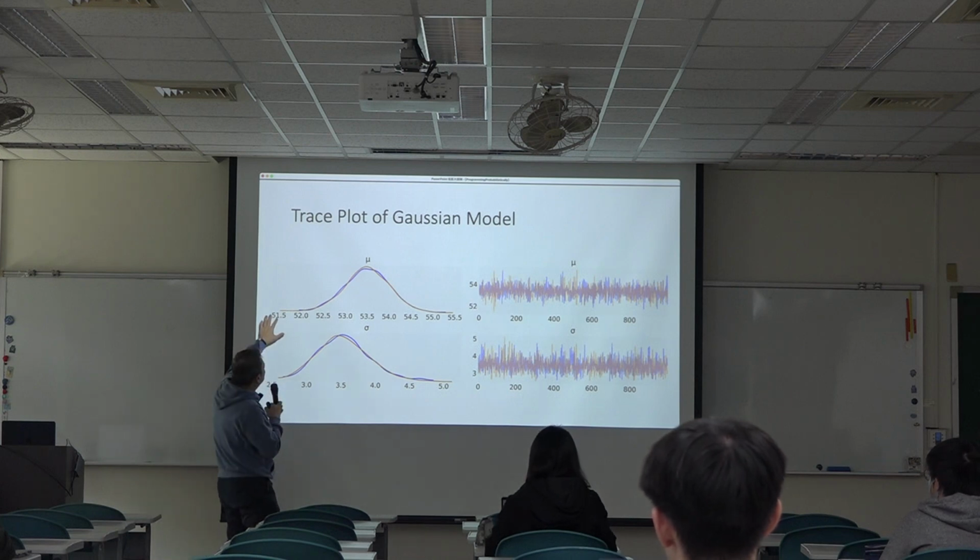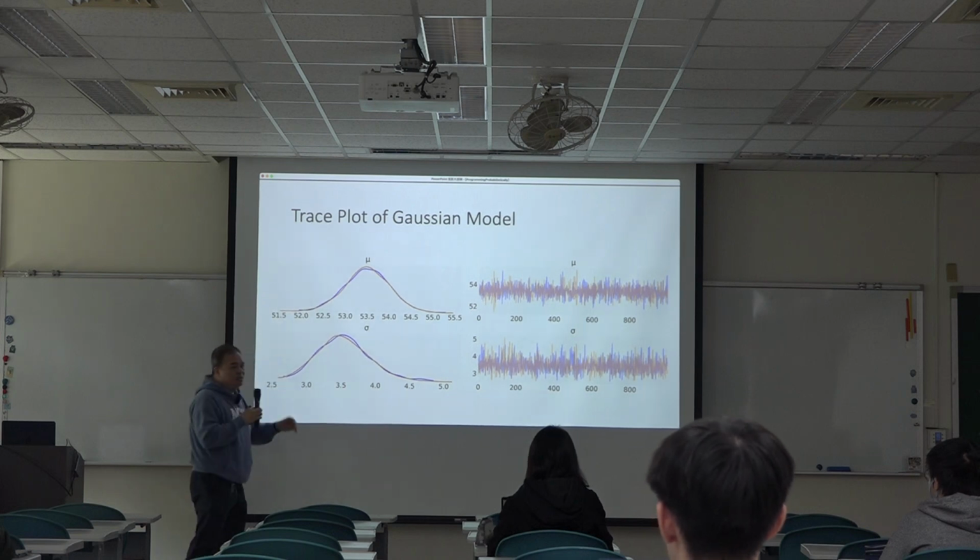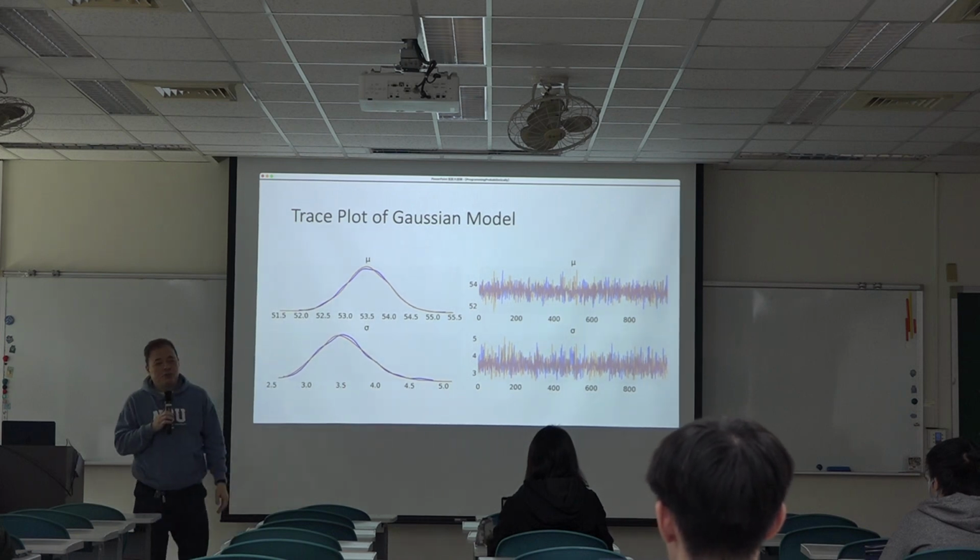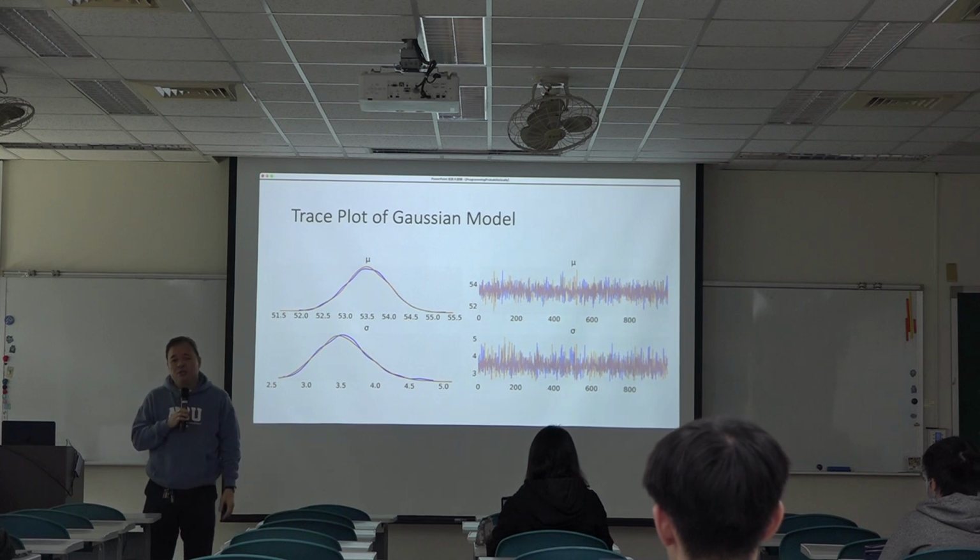You can see that these two are the marginal probability distributions for mu and sigma.